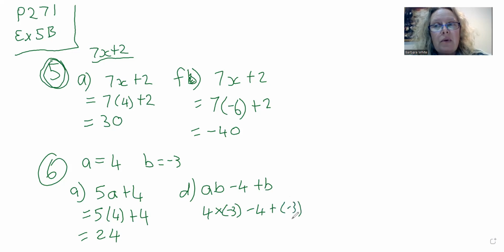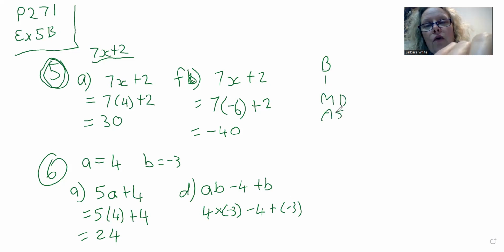Now it looks complicated, but we just use rule of order, just the way you've done all along. I'm going to start with multiplying. Remember the rule of order, the order of operations. Multiplication comes before addition. So we're going to look at this bit first, and I'm just going to do that step. 4 times minus 3 is minus 12.